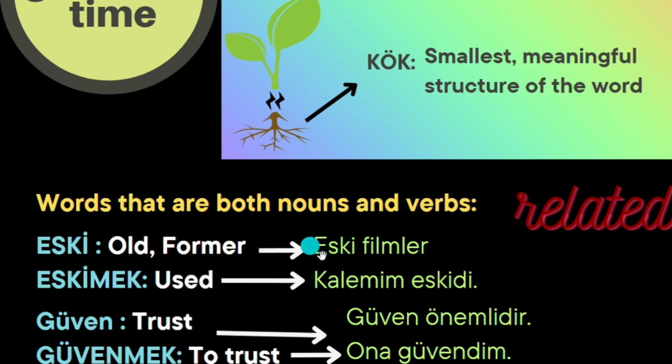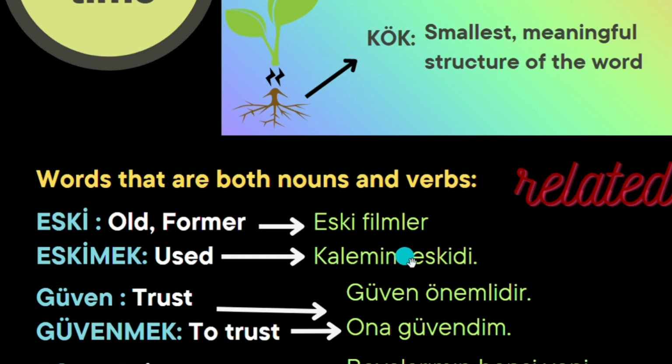For example, eski filmler. Film means film, as in English. Filmler means films. This suffix makes the word plural, as I said earlier, and eski filmler means old films. Okay, that's useful.